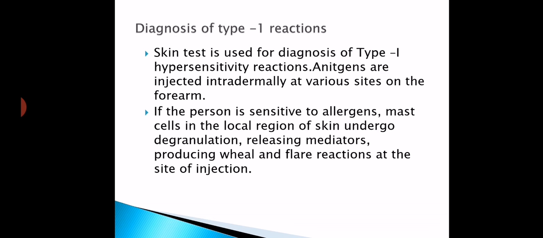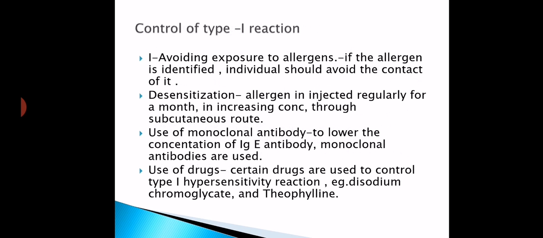Flare means it is red in color due to erythema, or excessive accumulation of RBCs. So it is called the wheal and flare reaction. At the site of injection we observe this after some time. That is one type of test we can do in order to test allergy.